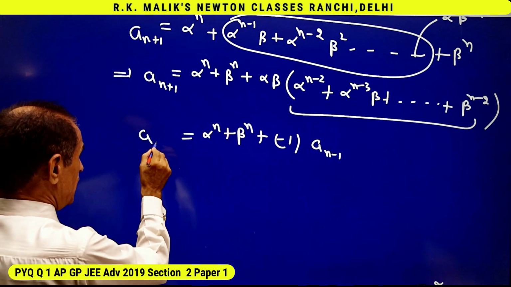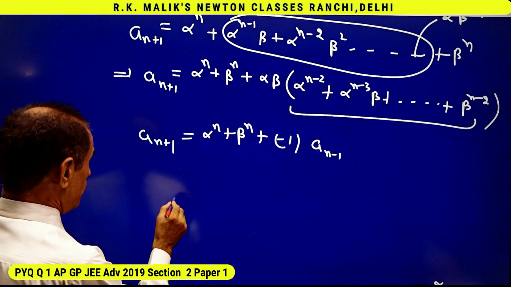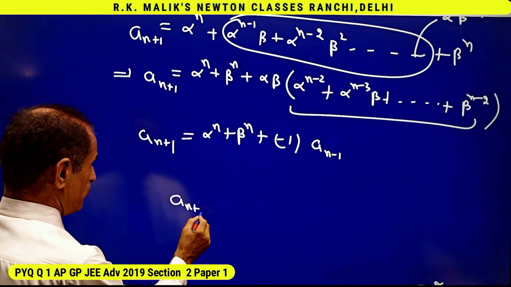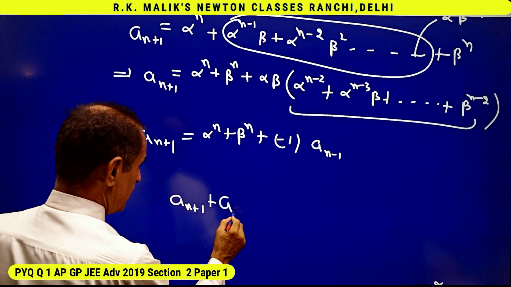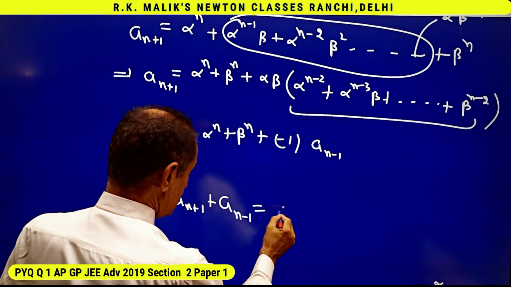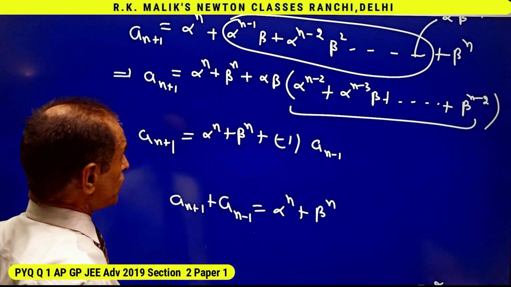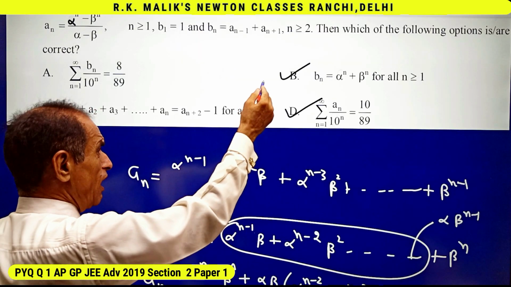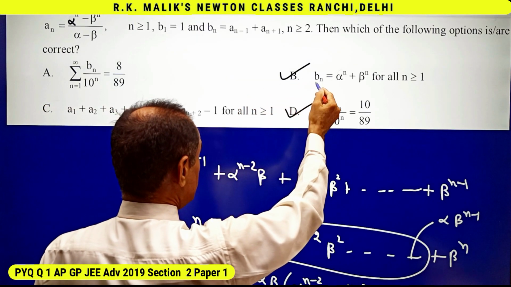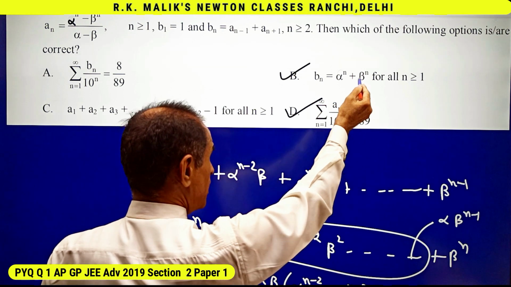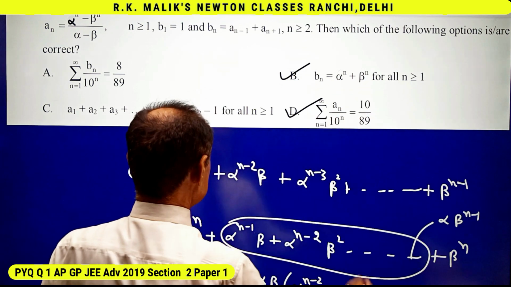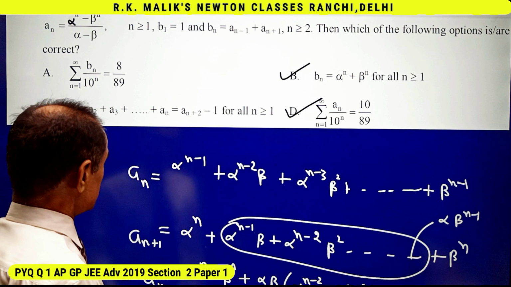And because this is A(n+1), from here I get A(n+1) plus A(n−1) is equal to alpha to the power n plus beta to the power n. Hence, after converting Bn in terms of alpha and beta, I get this. Hence, I can say B is the correct choice.